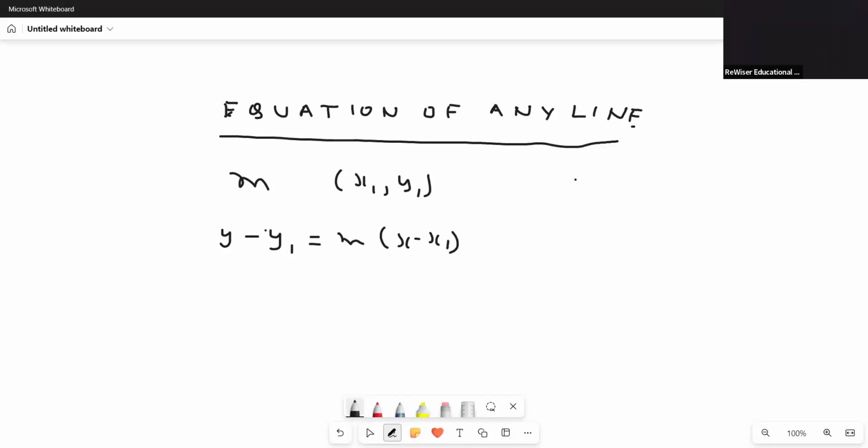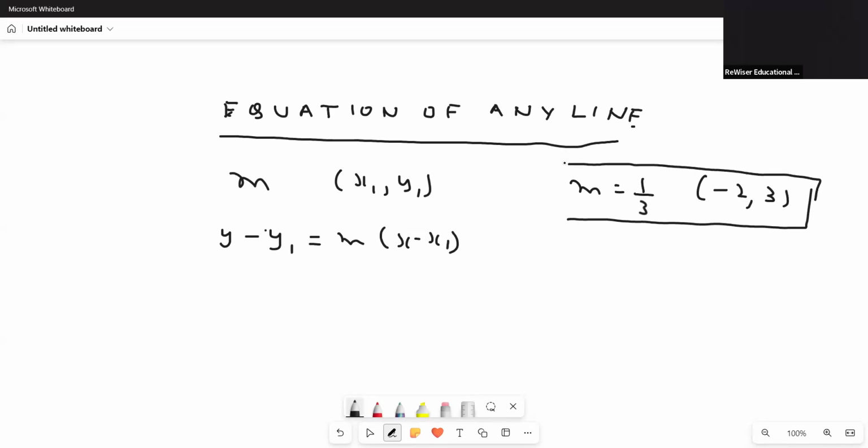What I mean to say, suppose I tell you the slope of the line is 1 by 3 and it is passing through the point minus 2 comma 3. So what should be the equation of the line? So instead of doing y is equal to mx plus c and getting the values of c, you can straightforwardly get the equation of the line from here. That literally means I have to write y minus 3 equals 1 by 3 into x plus 2.